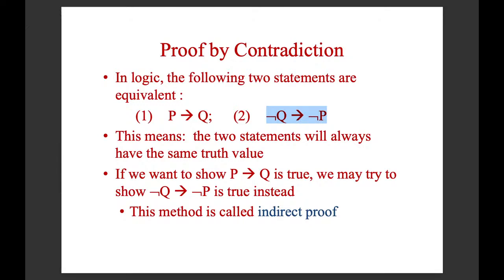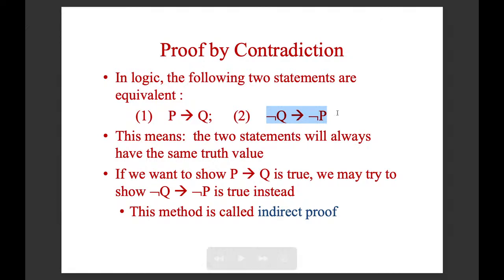So this could be a statement in the form of P implies Q. But sometimes, showing P implies Q by assuming that P is true and then hopefully getting a result that Q is true, maybe this would be hard. Alternatively, one may also show not Q implies not P. So for instance, in the previous example, we want to show if n squared is even and n is an integer, then n is an even number.